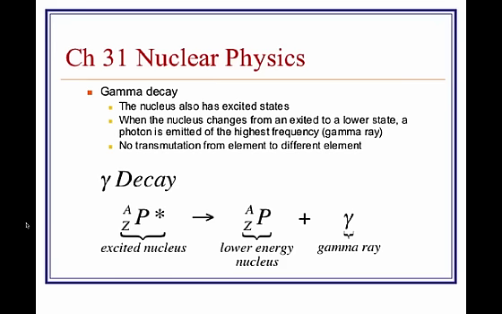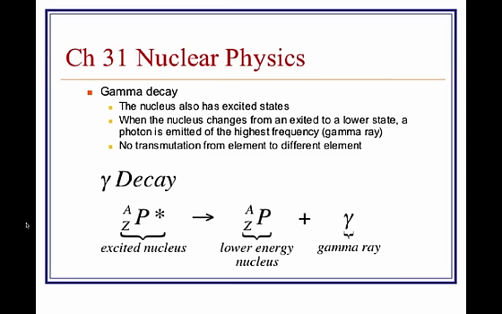Gamma decay is similar to what we've seen before with the excited states of electrons within their different levels. The nucleus itself also has different excited states, and when it goes from an excited state to a lower state, the idea of taking a step down, there's some energy released. This energy is released in the form of a very high energy photon.